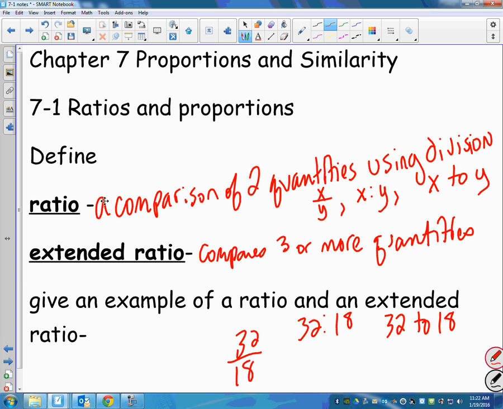Can you give me an example of an extended ratio? Yeah, so like 3 colon 4 colon 5, or 3 to 4 to 5. Kind of weird to write that with division, right? 3 over 4 over 5, that's kind of weird.